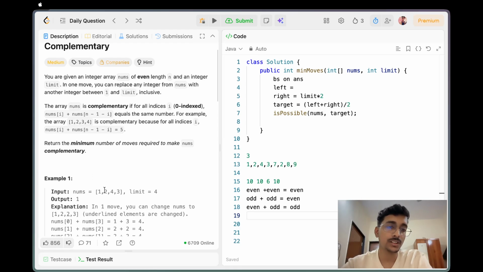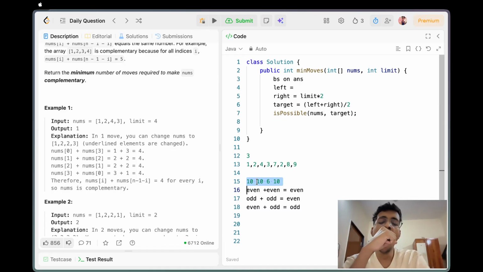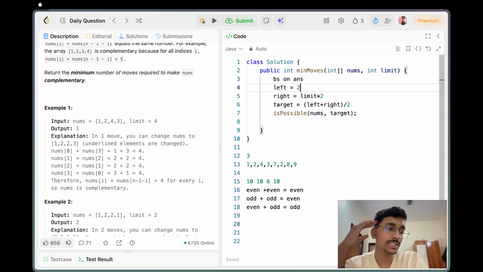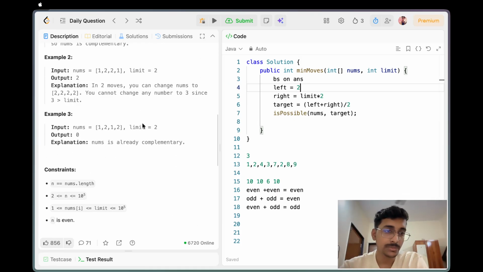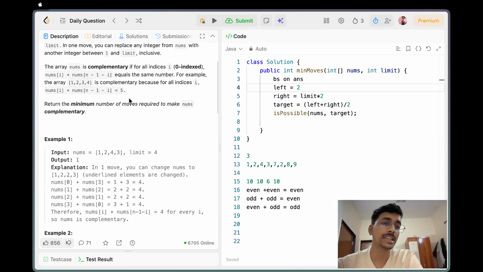So as we were going with these basic steps... No, look, the target cannot be this either, the left cannot be this either. Let's say the limit, okay, is there any condition, what will be the value of the limit? The limit will always be greater than all the values of, see, that's the catch, right?